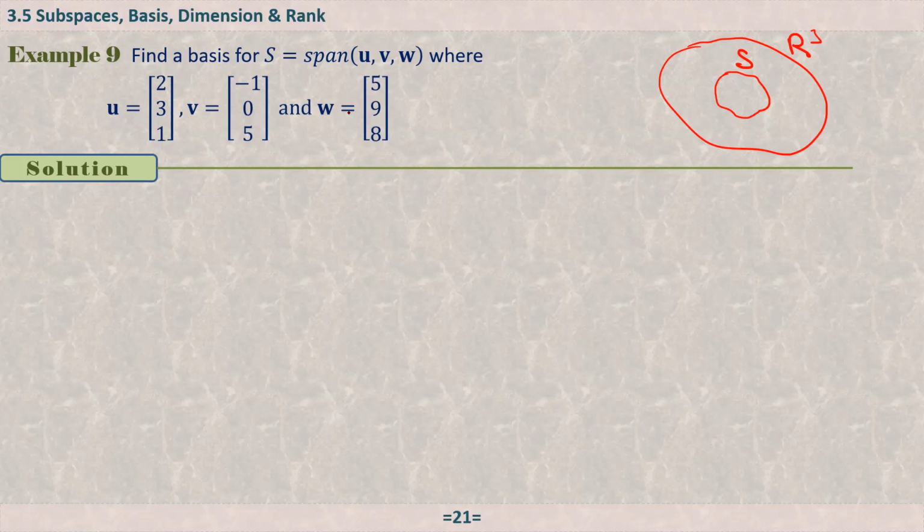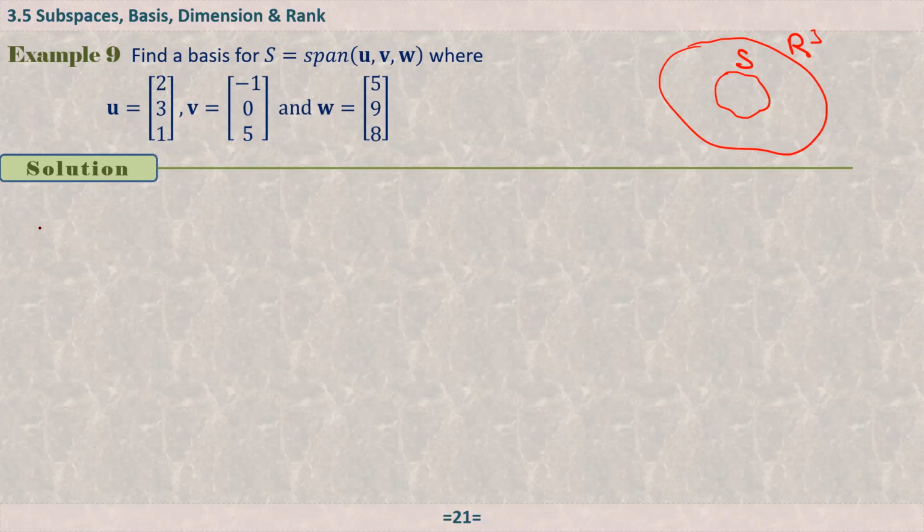Because if these three vectors are linearly dependent, that means that at least one of these vectors can be expressed as a linear combination of the other vectors. Assume that a linear combination of u and v gives us w. So we don't have to keep this in our basis, actually this subspace, because I can produce this vector by using u and v.